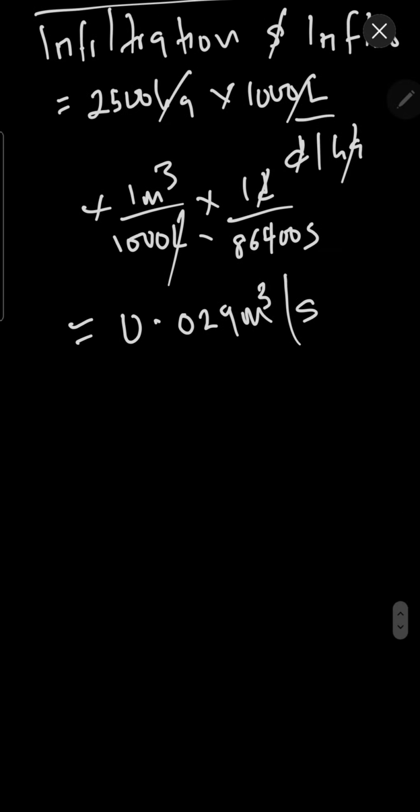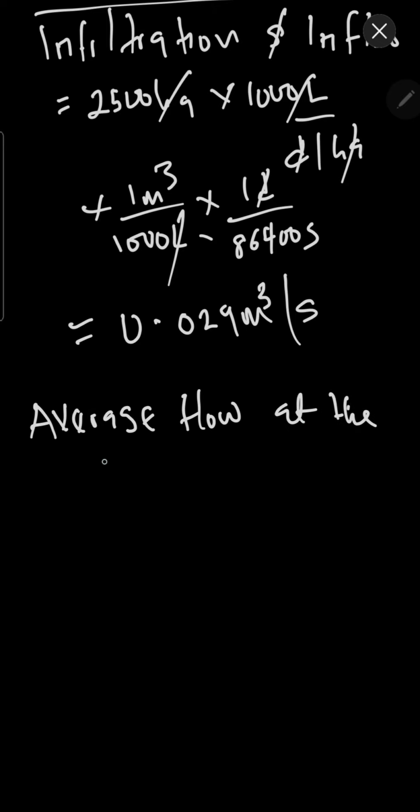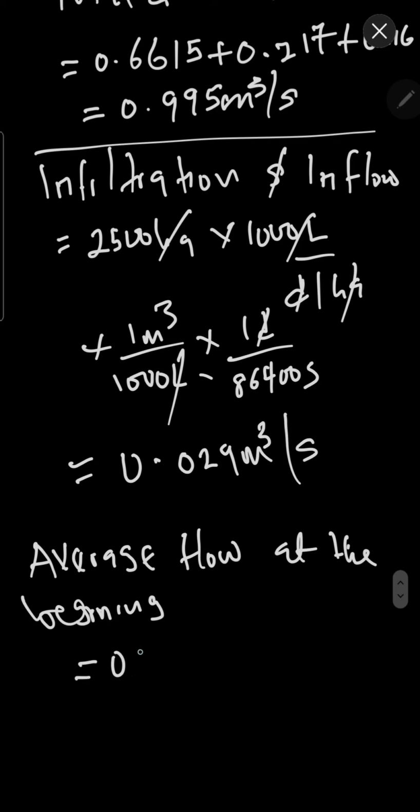So the average flow at the beginning is equal to the total flow, 0.995, times 50%.